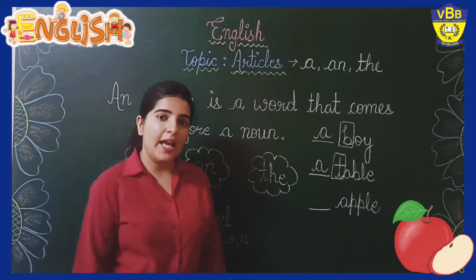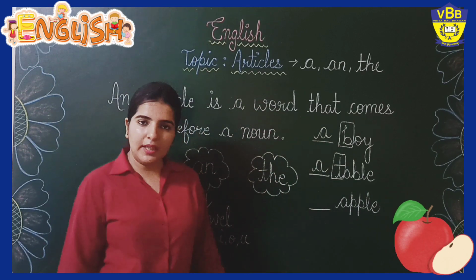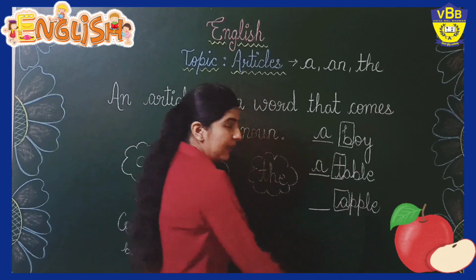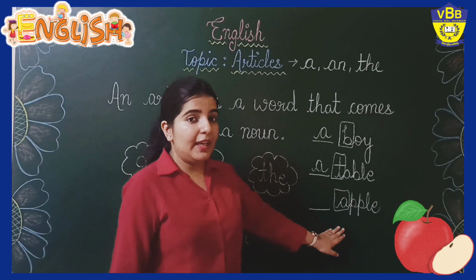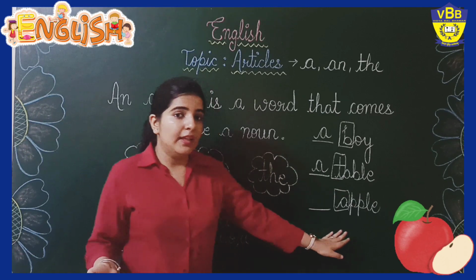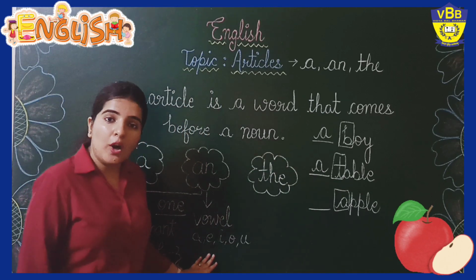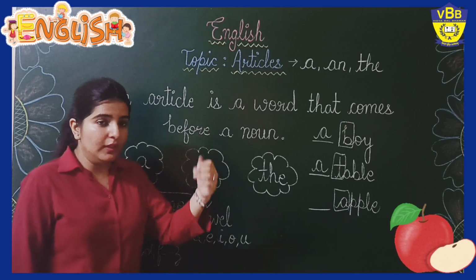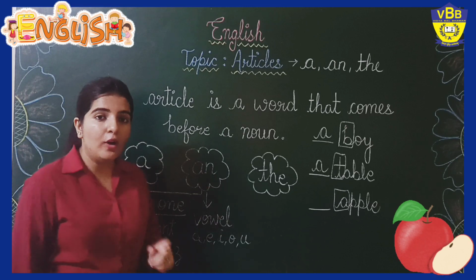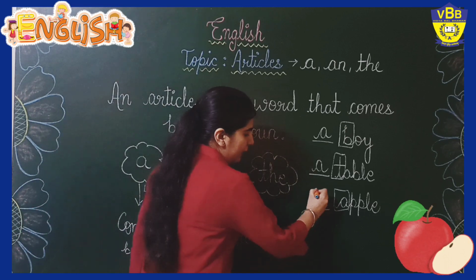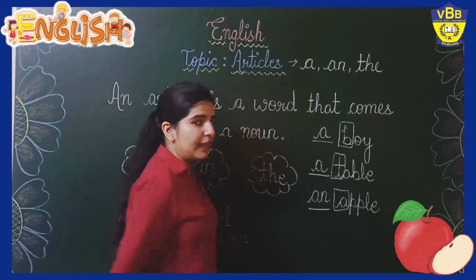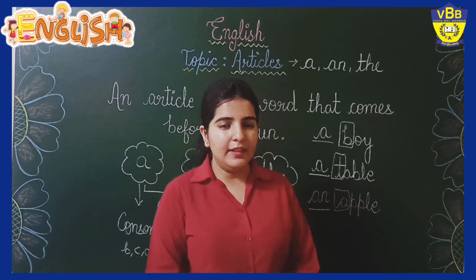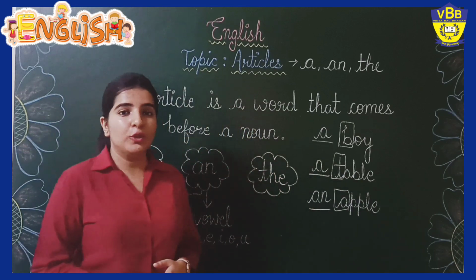Apple is also a noun, and it starts with the letter A. And A comes under which category? A is our vowel, right? A, E, I, O, U. So A is a vowel, and with a vowel we use an. Nowadays you can see rain is going on, and in this weather, what do we need?